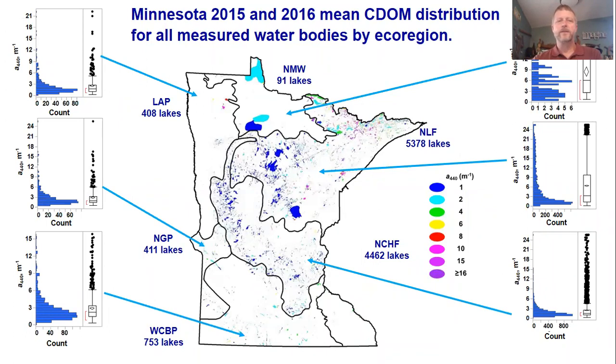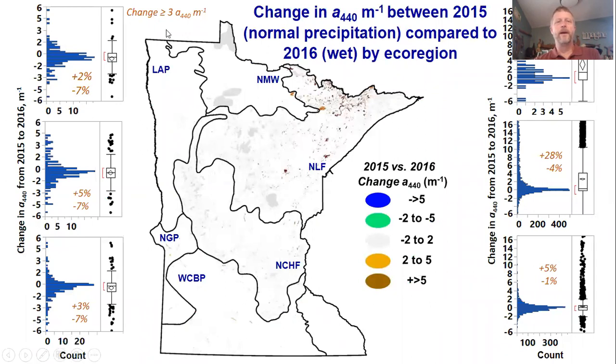If we look at where the high CDOM lakes are distributed throughout the state, a lot of them are up here in the northern Minnesota wetlands, and then the northern lakes and forest ecoregion. There are a lot more lakes here, so you just have to note the scale. The difference in scale is quite huge for the count of those water bodies. If we look at change, what we found is that lakes in agricultural ecoregions tend to actually decrease, with 7% of the lakes decreasing CDOM by greater than 3 A440.